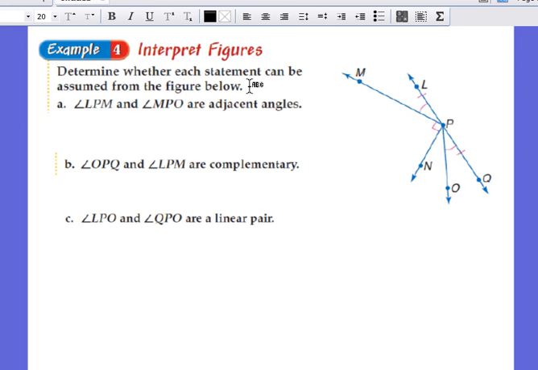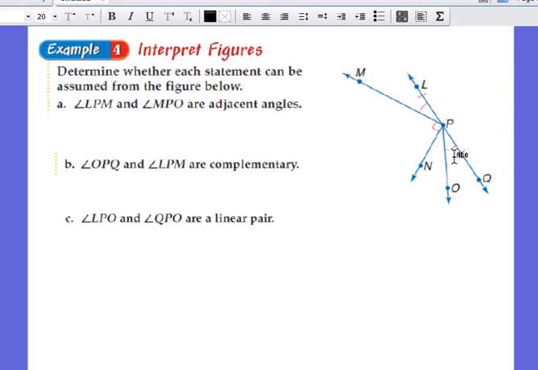Determine whether each statement can be assumed from the figure below. All right, we can make a lot of assumptions here. Okay, this little line says that segment LP is congruent to segment PQ right off the bat. If you want, you could write that down. LP is congruent to PQ. We can also say with this little red loop here, the angle LPM is congruent to OPQ.